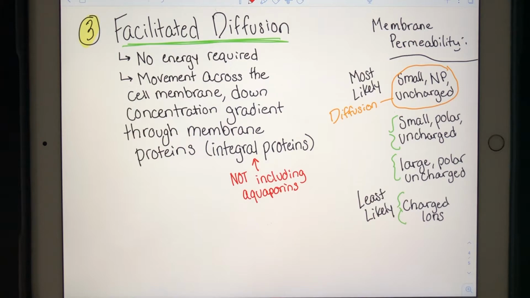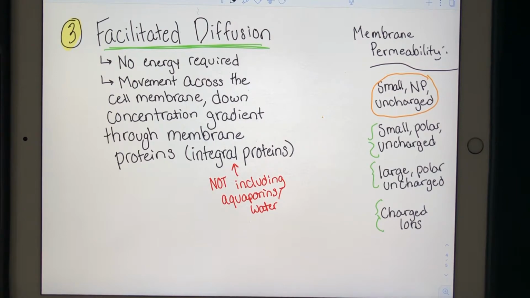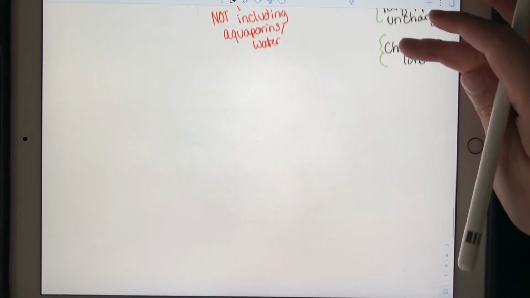Water has osmosis going for it, so we don't have to feel bad about excluding it from facilitated diffusion. Aquaporins are still membrane proteins that allow for water to move down its concentration gradient. But for facilitated diffusion, we're not talking about water.